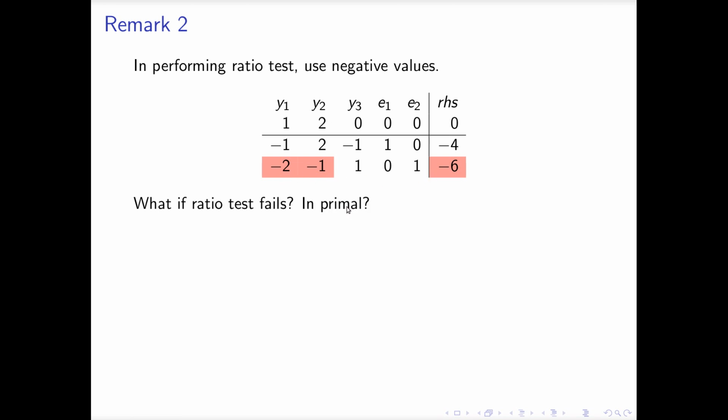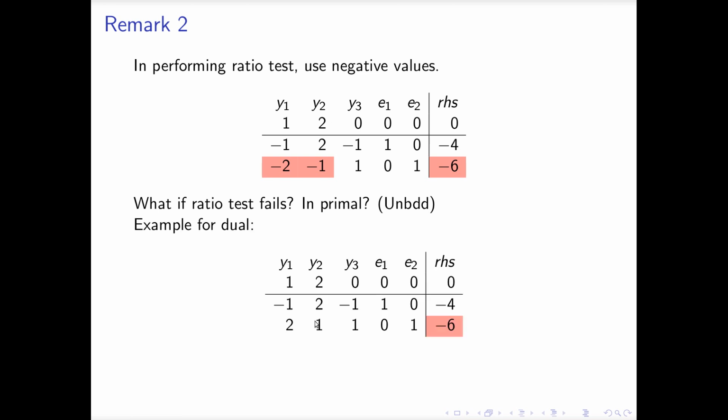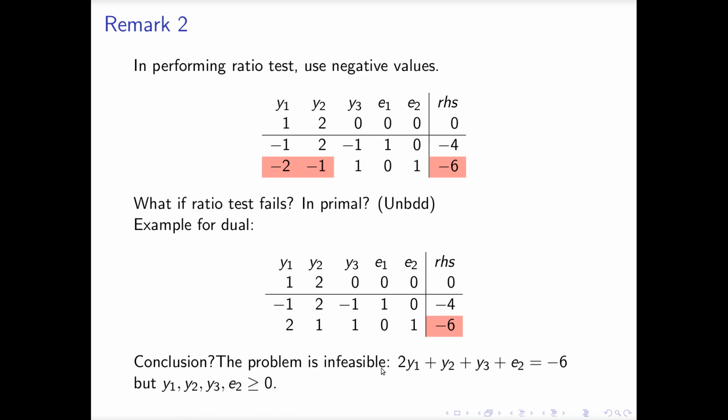That's the question. Now what happens in the primal? So let's take a look. For example, what would happen if we had a situation like this where we have all positive numbers here, and so the ratio test fails? Well, that means that the problem is infeasible, because your y1, y2, y3 are all greater than or equal to 0.